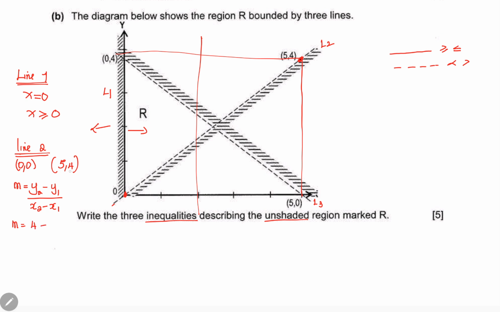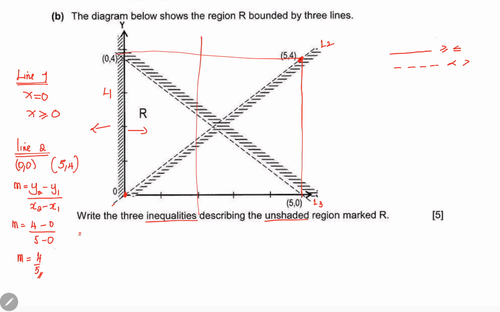Why did I put these numbers at the end? Because the line is increasing, is going up. So the 0 over 5 minus 0, m here is 4 over 5. That's our gradient. Now that we know the gradient, let's proceed into finding the equation.